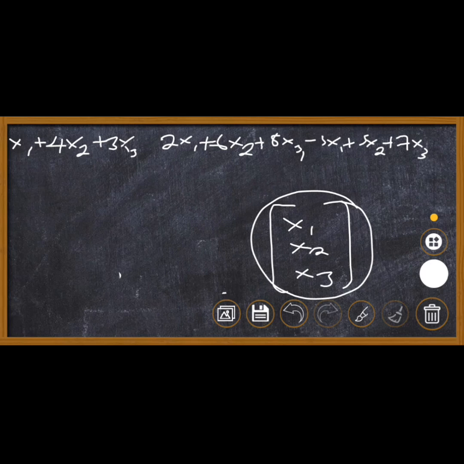After you are done with this, you come to multiply with these values here. The first one, you multiply with the first x1.